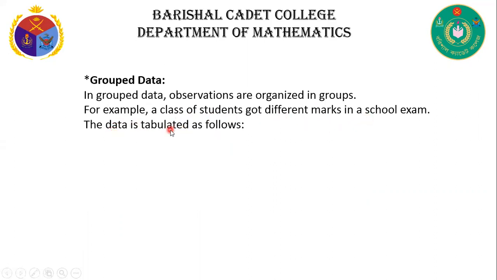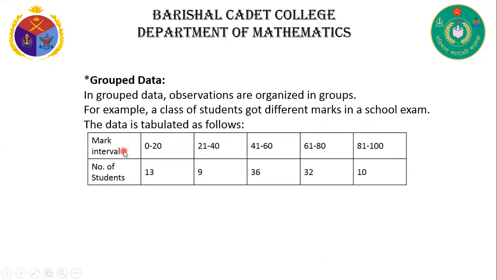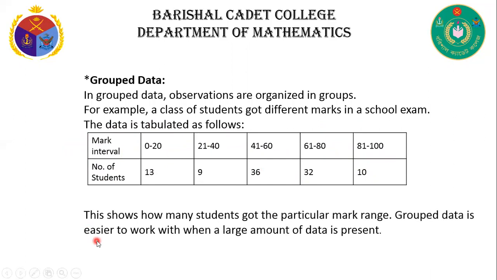The data is tabulated as follows: the mark intervals 0 to 20, 21 to 40, 41 to 60, 61 to 80, 81 to 100, and number of students 13, 9, 36, 32, 10. This is grouped data. This shows how many students got a particular marks range.